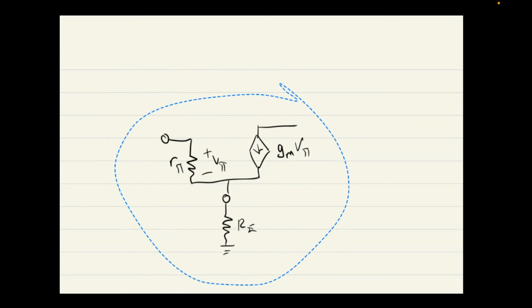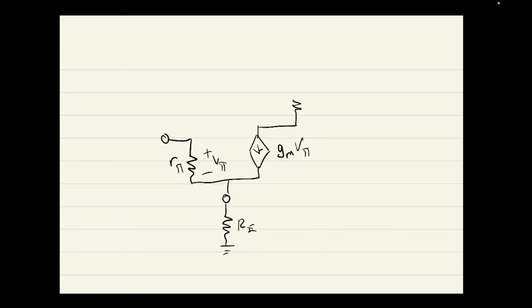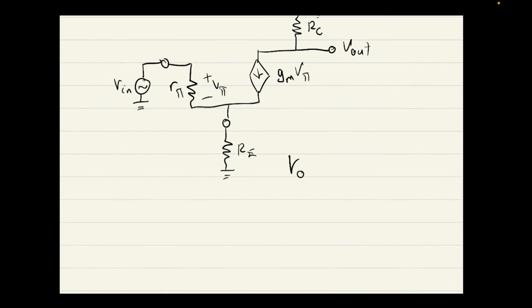Let me quickly speed run drawing these circuits. Okay, so V out, the equation still looks the same, sort of. V out equals minus gm RC V pi. But what's different over here is that V pi is not V in.